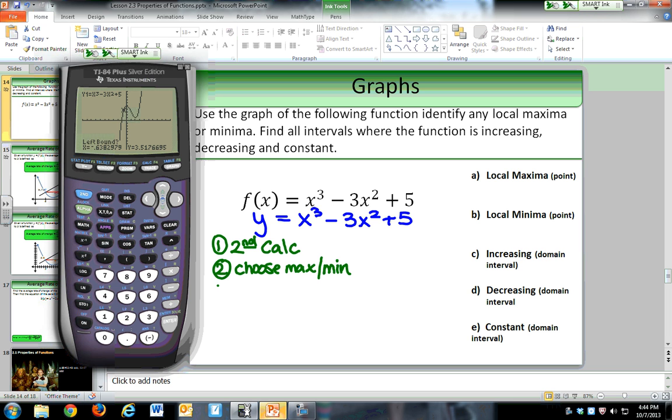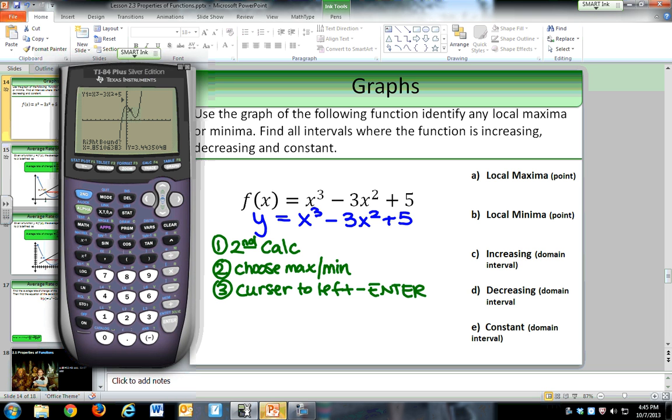So you need to put the cursor to the left of the point and hit enter. Then it says right bound, which means your cursor needs to be to the right of it.